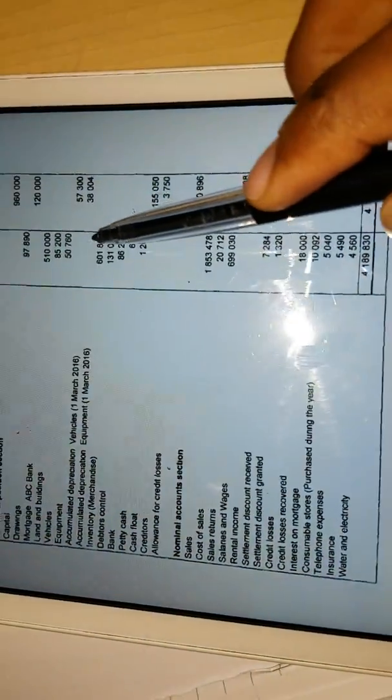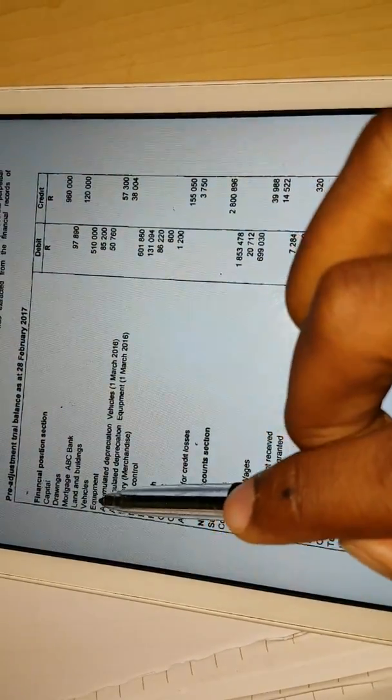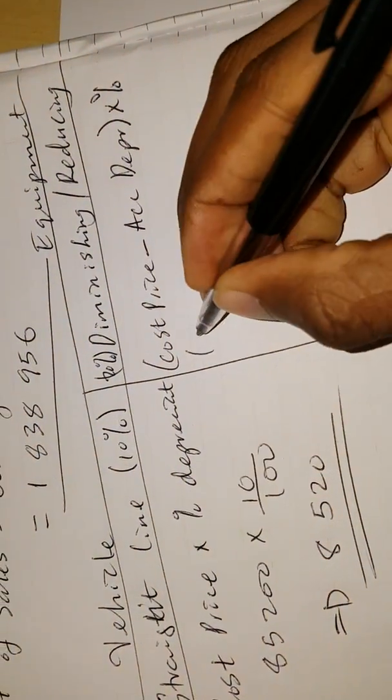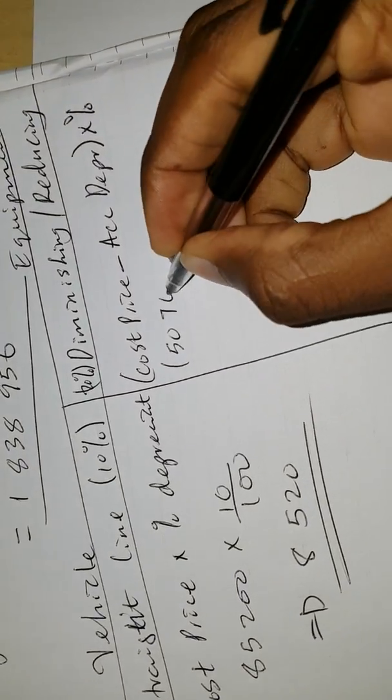Now if you go to equipment, the cost price for equipment here is 50,760. So the cost price is 50,760 minus accumulated depreciation.